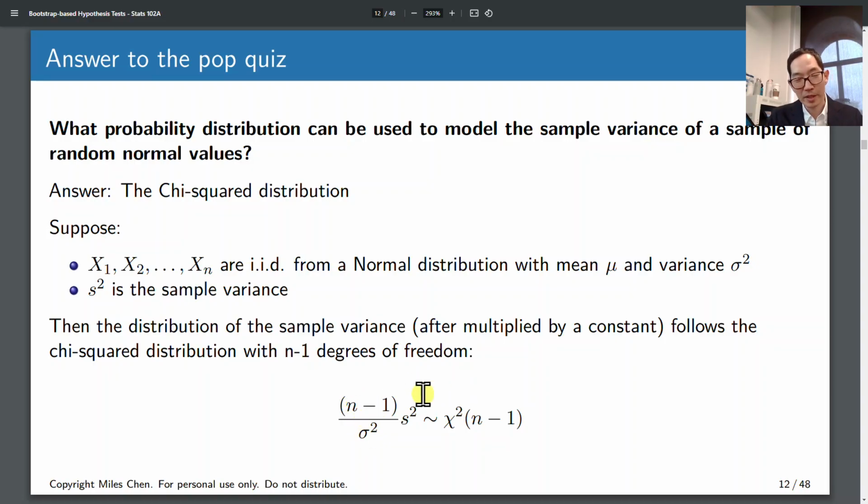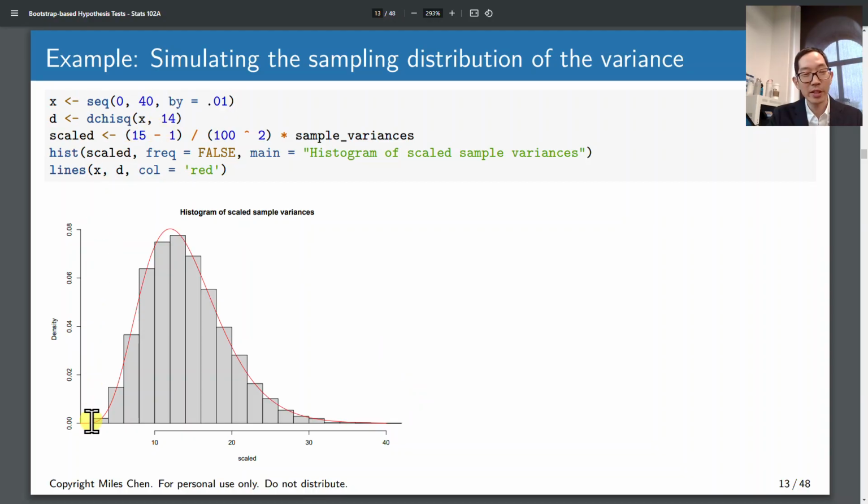And so anyway, we can apply that scaling factor, and I can compare my histogram of values that I sampled, shown in the histogram here, versus the theoretical chi-square distribution shown with the red line, and we see there's pretty close alignment, okay?